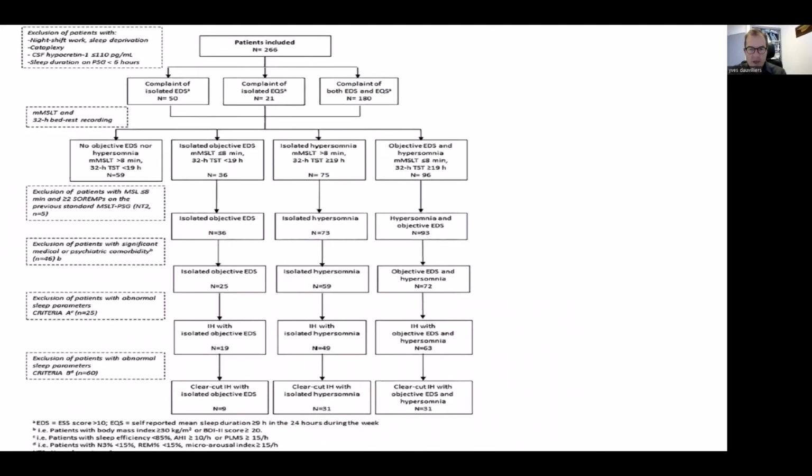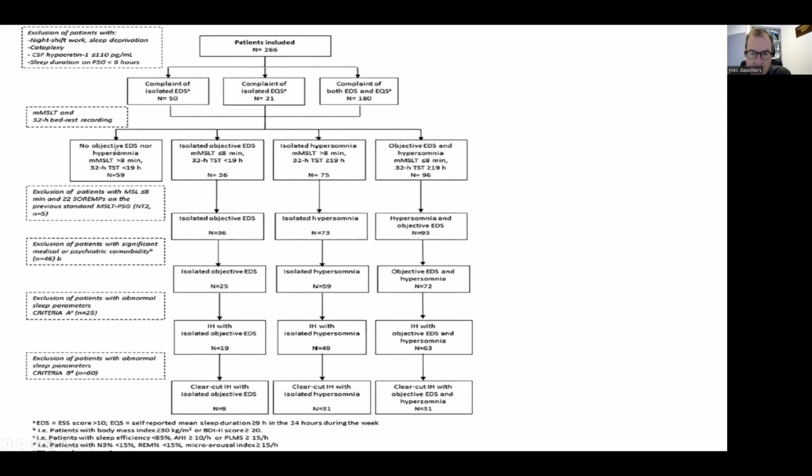In this paper, we were interested in proposing this algorithm. So the patient came because of a complaint. Could be isolated daytime sleepiness, isolated excessive quantity of sleep, or both. Mostly it's both, as you can see here on the number, 180 subjects.